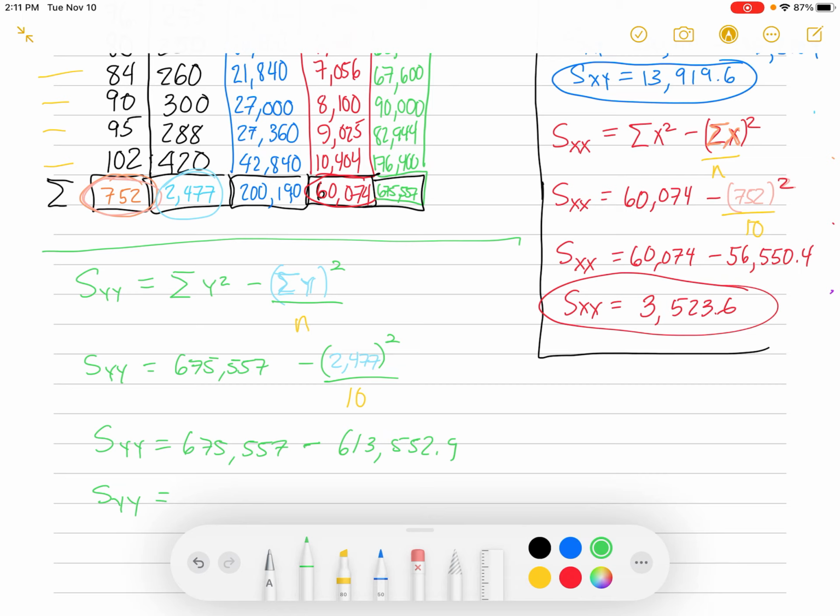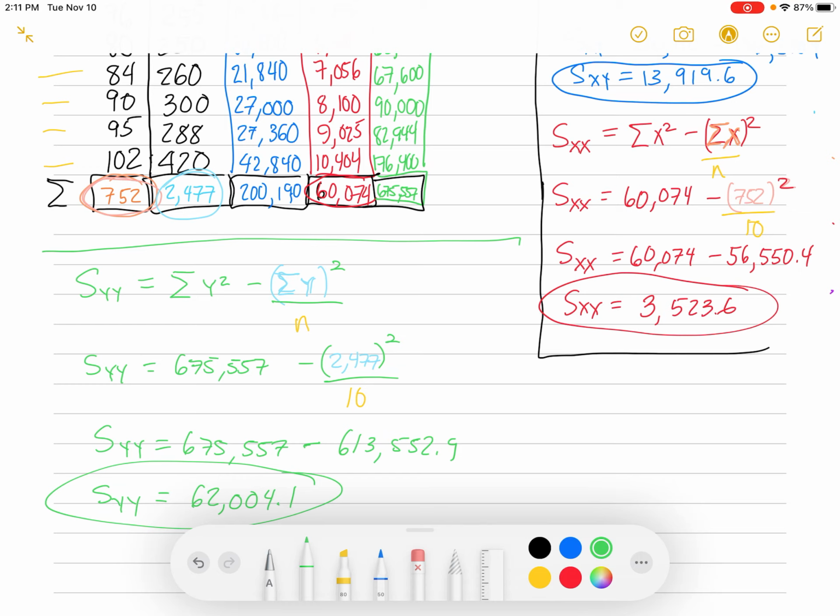So I'm going to subtract those numbers. 675,557 minus 613,552.9. Let me try that. And when I do that, I'm going to get 62,004.1.